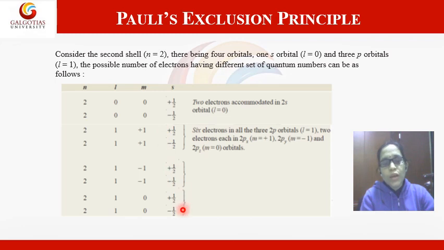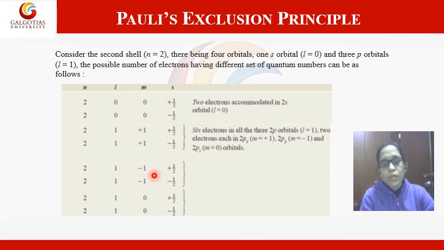Similarly for the py and pz orbitals, you can verify that all the 3 quantum numbers n, l and m are similar, whereas the spin quantum number varies. If we look at these 6 electrons in all the 2p orbitals, there is variation in the m value, and within each orbital there is variation in the spin quantum number.